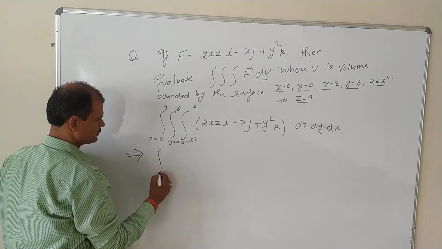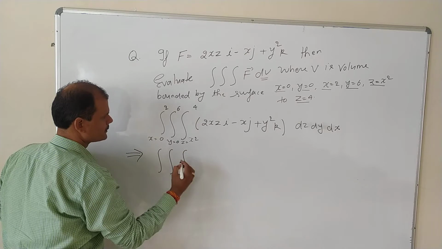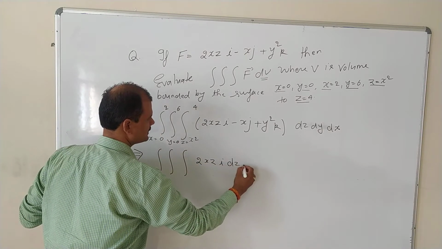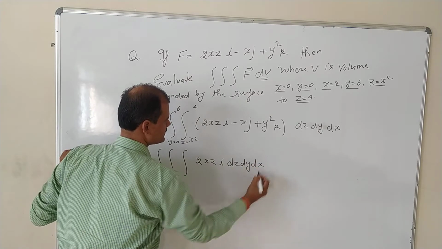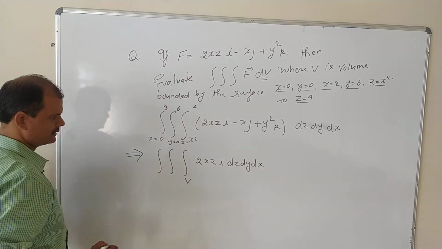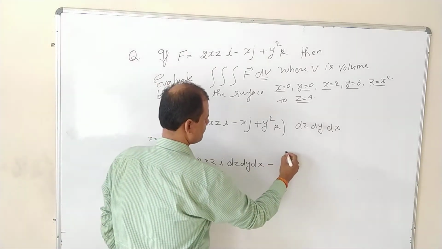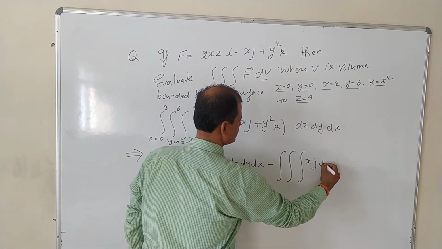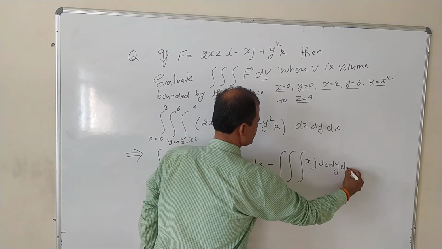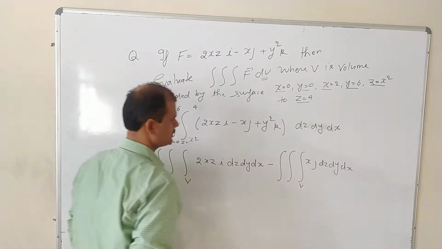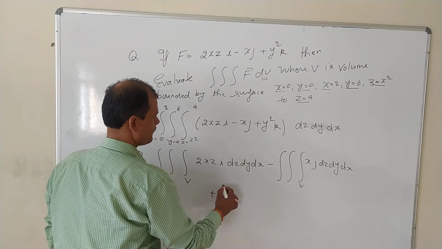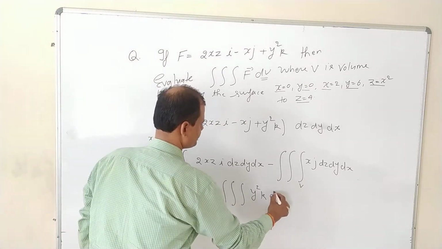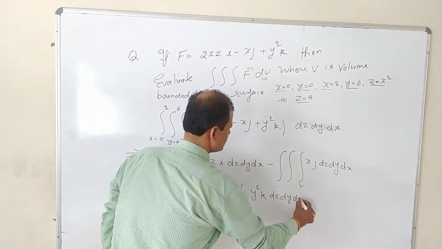Let us see one by one. So the first integral will be triple integration of 2xz i dz dy dx over the same volume, same limits, minus triple integration of x j dz dy dx over the same volume, same limit, plus triple integration of y square k dz dy dx.